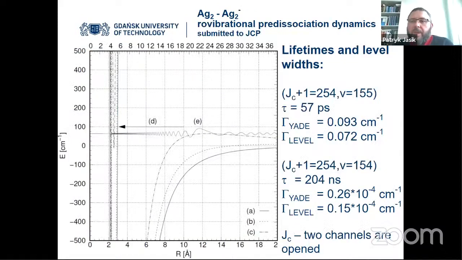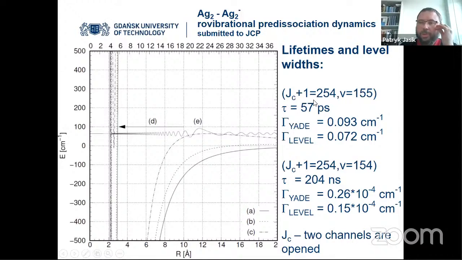So, results. Here I show you lifetimes and level widths of two selected vibrational levels, which we chose to show how vibrational predissociation looks for J a little bit larger than the critical J, where two channels are open.